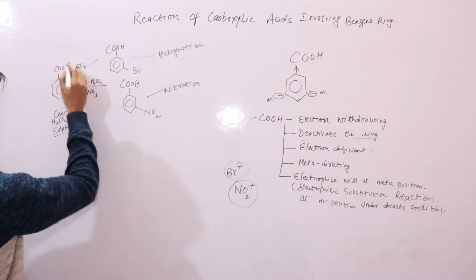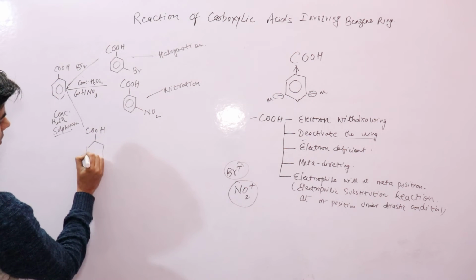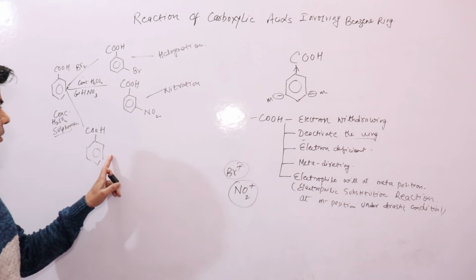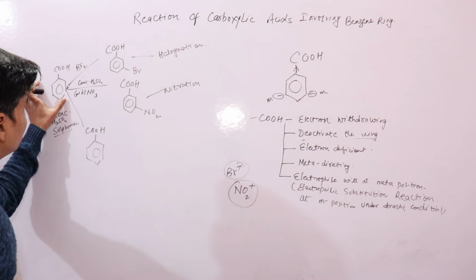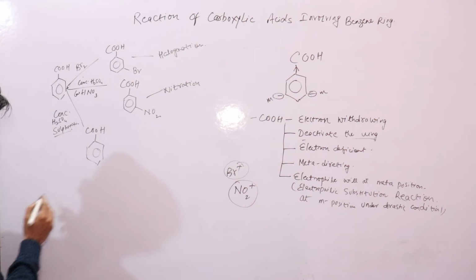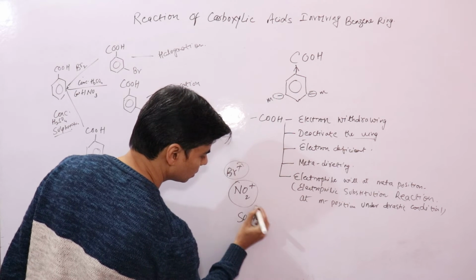In the case of sulfonation, where you treat benzoic acid with fuming sulfuric acid, the electrophile would be SO3H, right?